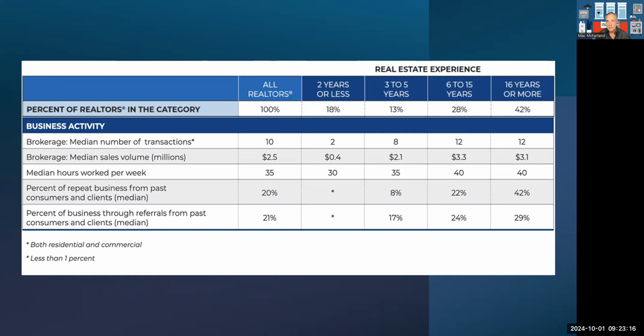There's a CRS agent in Seattle, Washington that sends me market updates for Seattle. Met him in a class, but I'm on his drip mail campaign, right? So you should have the same type of thing. You want to stay in touch with those agents because you're looking at the referral side. 21% through referrals, 20% from repeat clients.